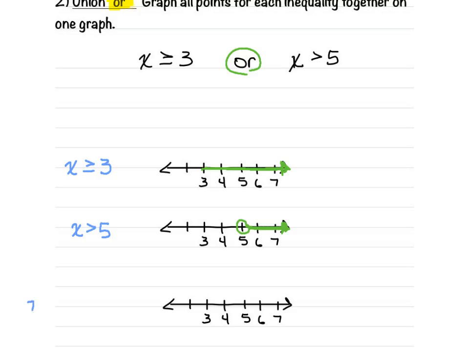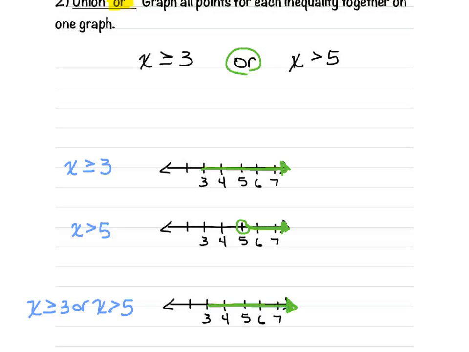Let me show you how I would graph this inequality that says x is greater than or equal to 3 or x is greater than 5. I would have a closed circle on 3, and everything to the right would be shaded. Everything.